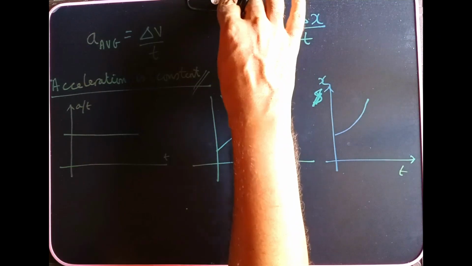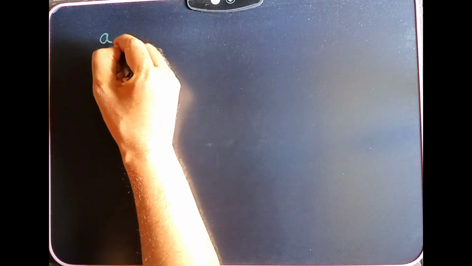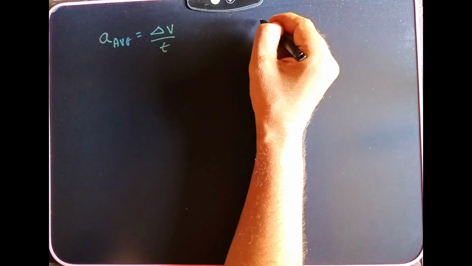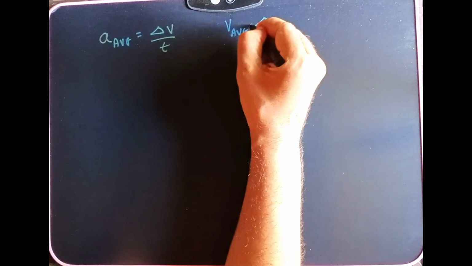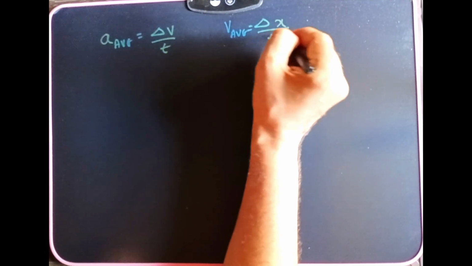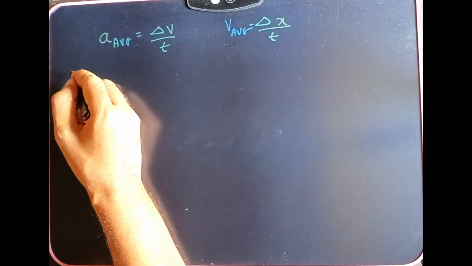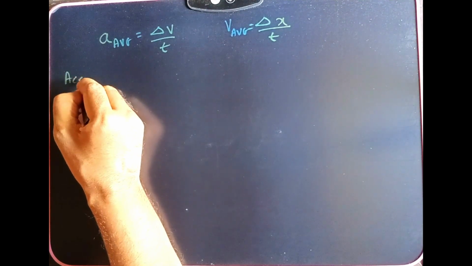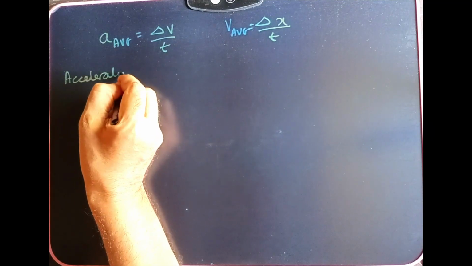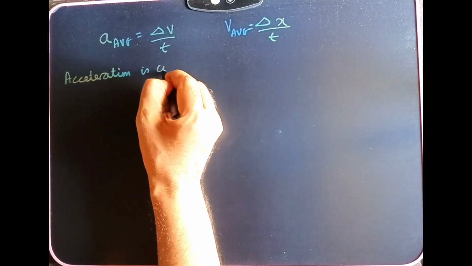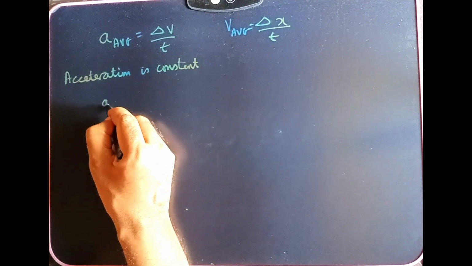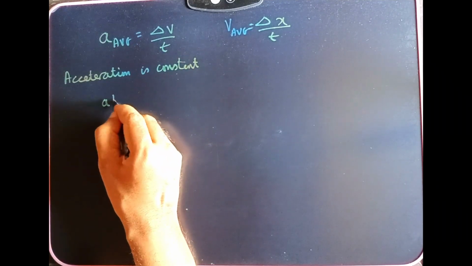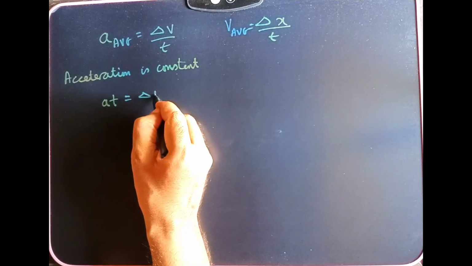So further to this, I'll recap. Average acceleration is equal to change in velocity divided by time, and average velocity is equal to change in displacement divided by time. So now when acceleration is constant, we can say that acceleration into time is equal to delta v.